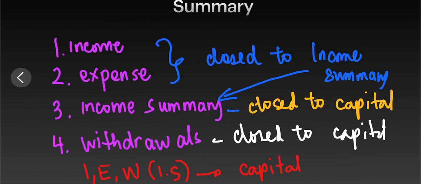And if we will recall, actually, the capital account is an owner's equity account, and the components of this are actually the income, the expense, and the withdrawals. That's why when you make your financial statements, particularly the balance sheet, only the ending capital account balance is present.